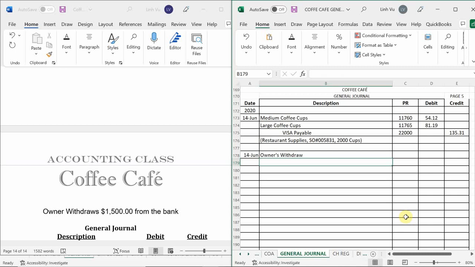So this is where the principle, the assumption of business and economic entity, needs to come into play: you have to be very, very careful about what you're doing. The owner can't just go to his bank and withdraw money just because.